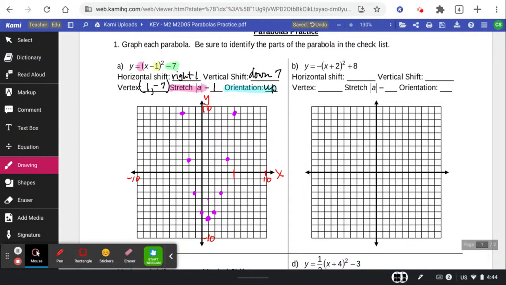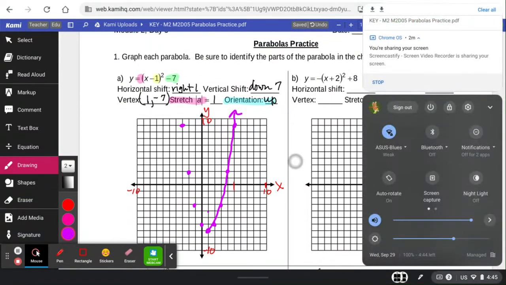Okay, and then go ahead and connect that graph as best you can. Hopefully it looks a little bit better than my connection there. Let's try this one more time.